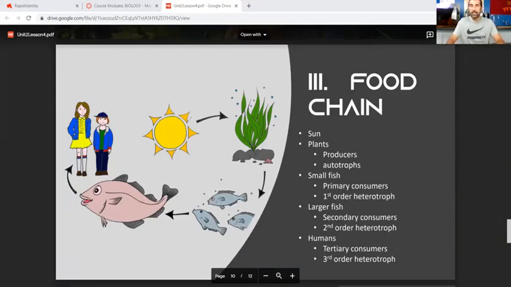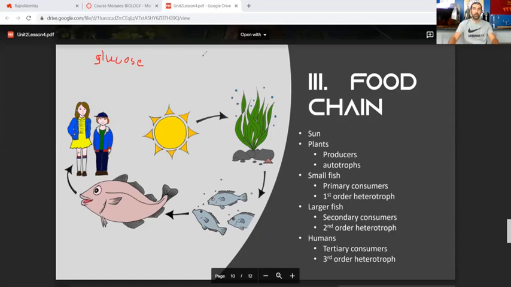You can also say that's energy flow. Energy flows from the sun to the plant, from the plant to the small fish to the large fish, and large fish to humans. Keep in mind, this is all about how you create glucose, how you get your sugar, how you get your energy.